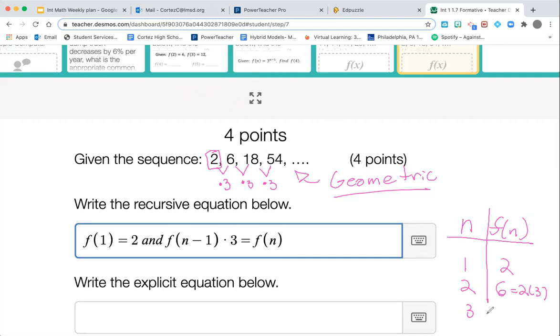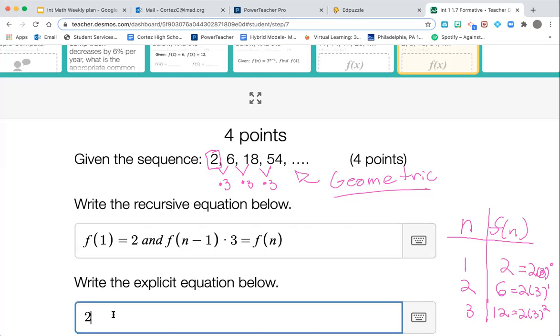I know that the third term was 12, which was 2 times 3 times 3, which is 2 times 3 squared. I know that the first term was equal to 2 times 3 to the 0 power. Do you start to see a pattern here? I hope you do, because it's starting with 2, and then it's multiplying by 3, and it's doing that n minus 1 times.